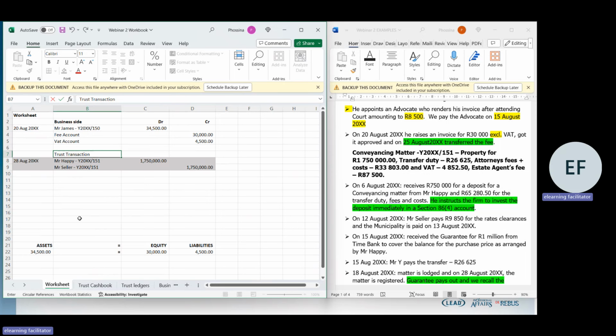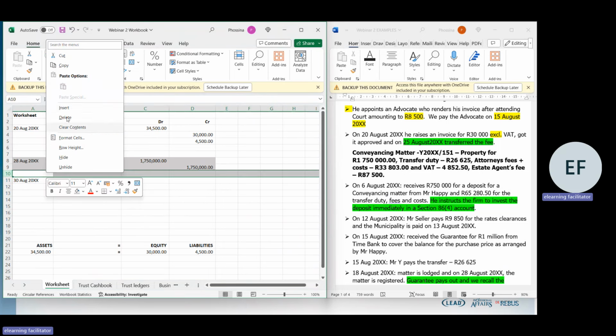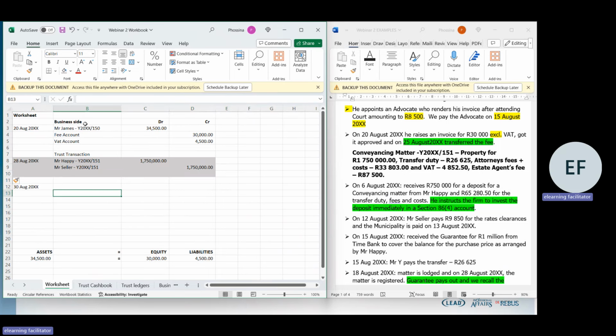Where there's no cash movement, we record by use of journal entry. In this case, it's an invoice, no cash movement. We are raising our invoice on 30 August. We've lodged, we've done our fair share, and then we are recording. Remember, there is the business side as well as the trust side, but this is the business side.